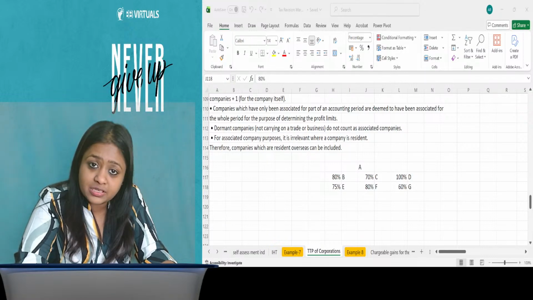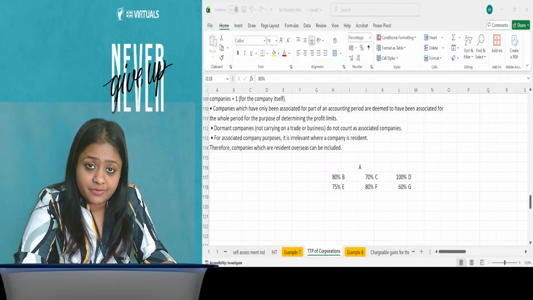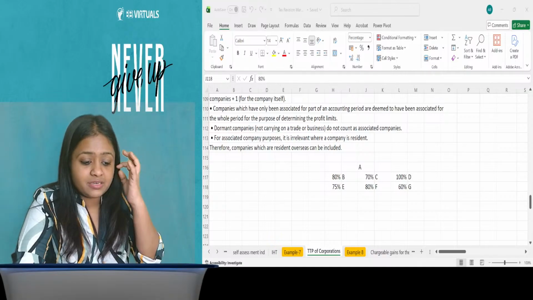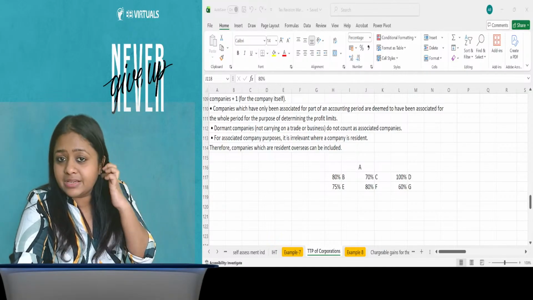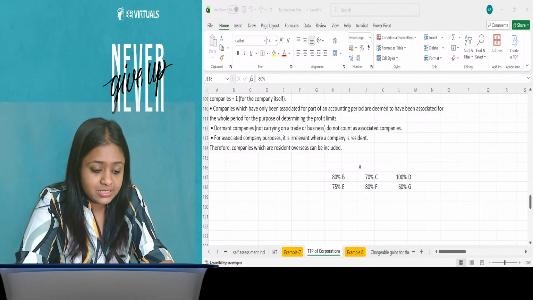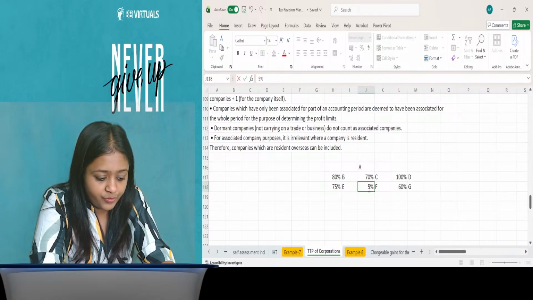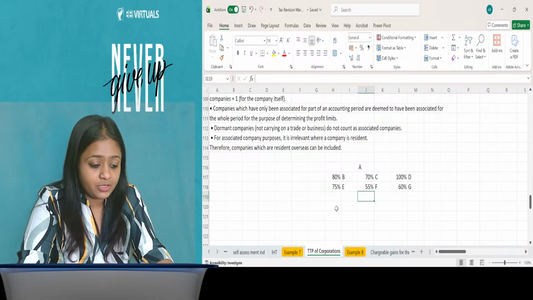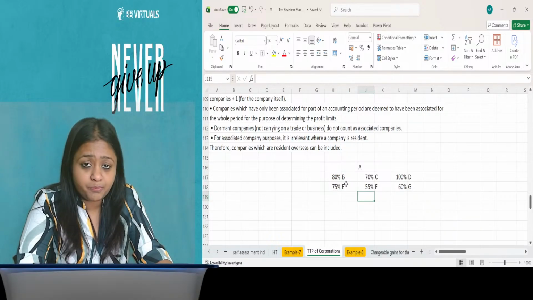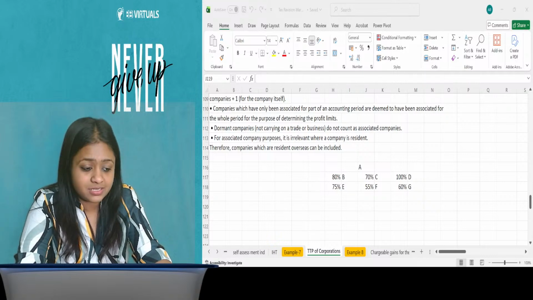B has further a subsidiary, E, at 75%. C has a subsidiary F and the percentage is 80%. And D has a percentage holding in G as 60%. Now, who all will be a part of this company group when we have to check for the associated companies?